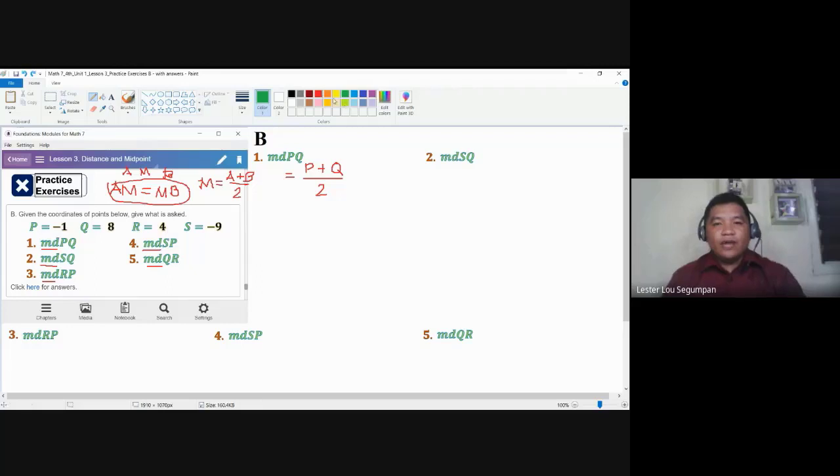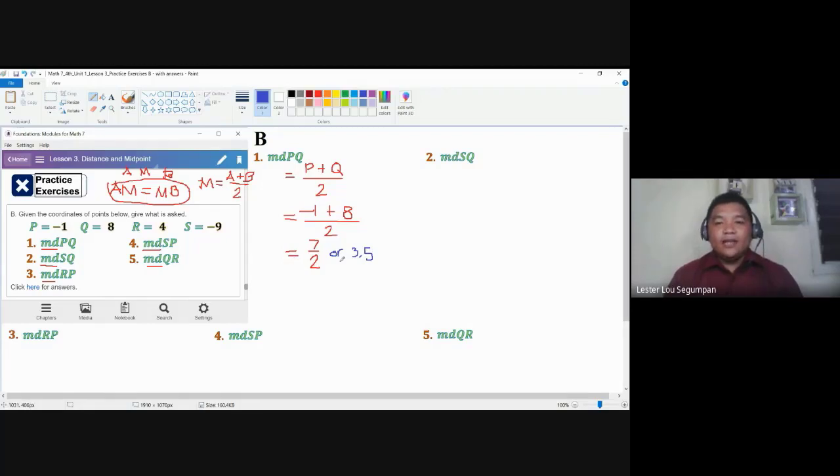Let's try number 1. P is given to be negative 1 and Q is 8. So negative 1 plus 8 all over 2, and that is actually 7 halves. Some of you might say 3.5. Which of the two is acceptable?